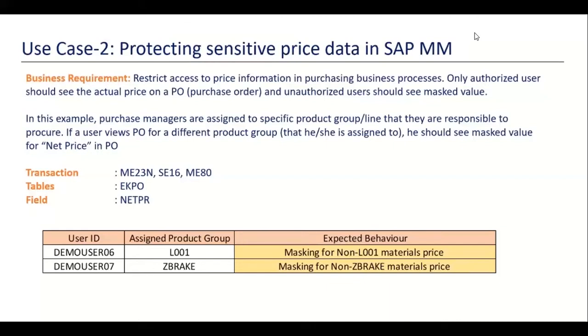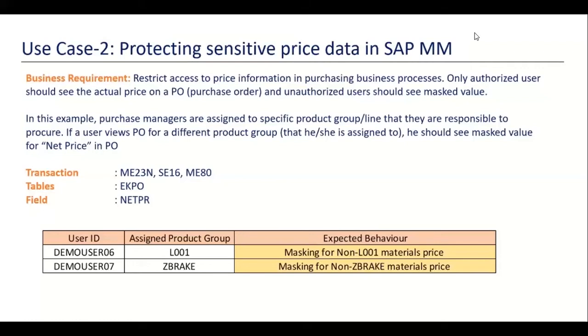And the way I set up the scenario here, we have two users, demo user 6 and 7, and each of them has a specific product group or material group assigned to them. User 6 is assigned L001 and user 7 Z break. So only for the assigned material group can the corresponding price be seen by the user.